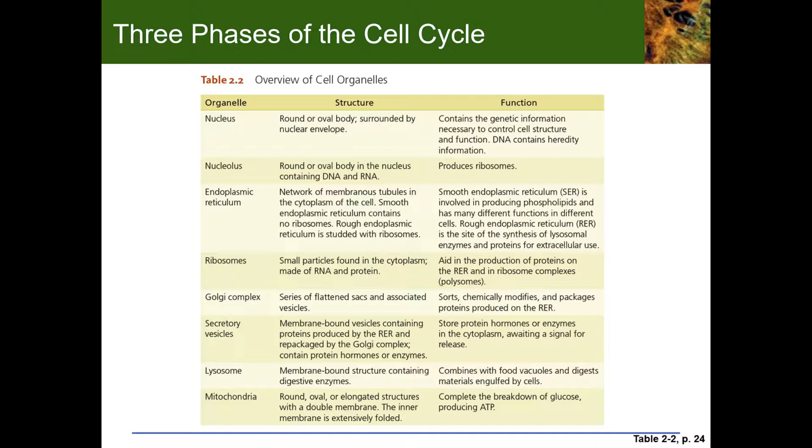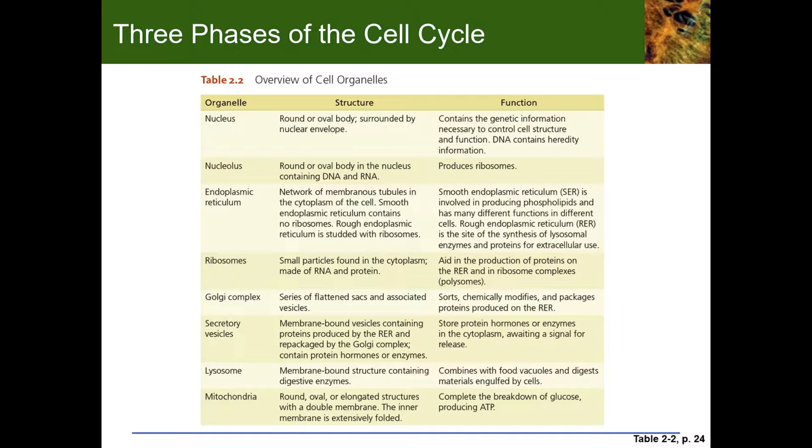Overview of cell organelles. The nucleus is structurally a round or oval body surrounded by the nuclear envelope, and it functions to contain the genetic information necessary to control cell structure and function. DNA contains hereditary information. The nucleolus is a round or oval body in the nucleus. It contains DNA and RNA, and it produces ribosomes.